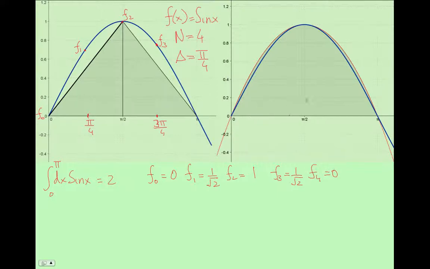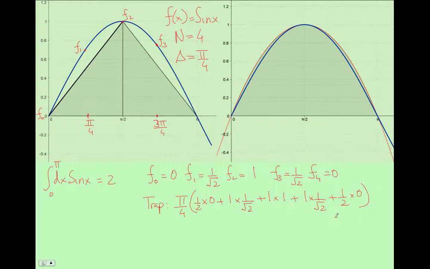And of course, in this other graph, the values will be exactly the same. Let's now use the trapezoidal rule. So the value of the integral, according to the trapezoidal rule, will be pi by 4. We give half weightage to f0, then 1 weight to f1, which is 1 over square root 2, 1 weight to f2, 1 weight to f3, and half weight to f4.